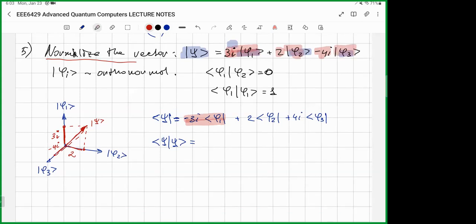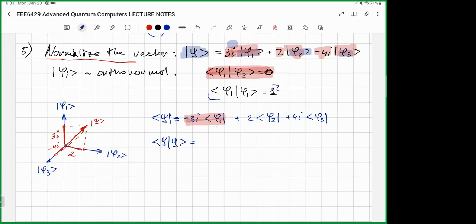But all of these products, phi1 by phi2 is equal to 0, because the vectors are orthogonal, and phi1 by phi3 also. Because of the orthogonality of these vectors, all the products of different vectors are equal to 0, and the products of the vectors with themselves are equal to 1.